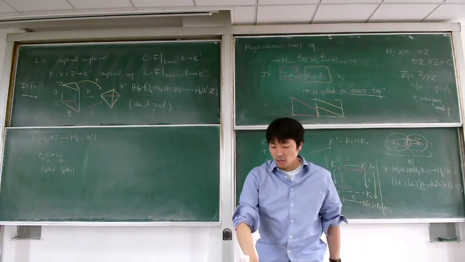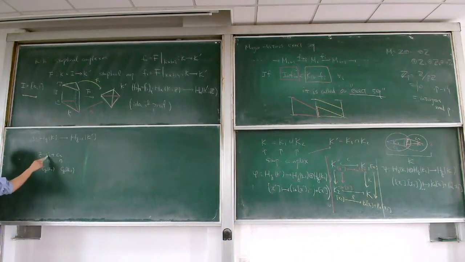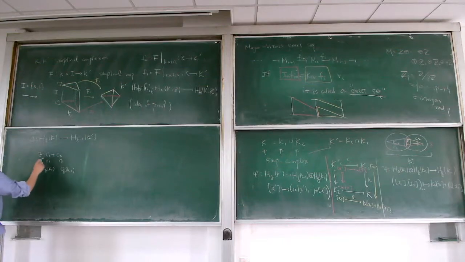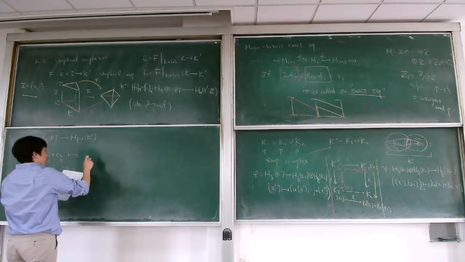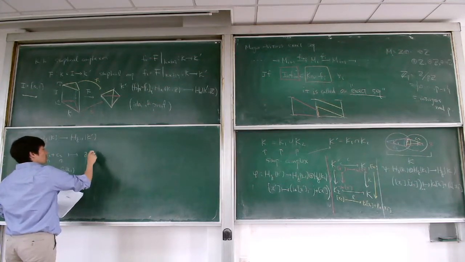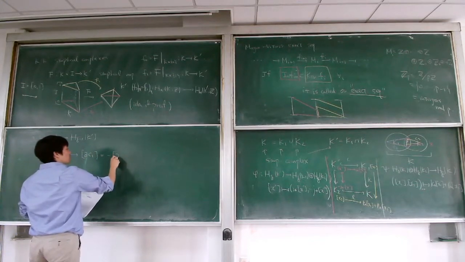I just decompose Z in terms of an element in K1 and an element in K2. And then the boundary of C1 is equal to minus the boundary of C2.